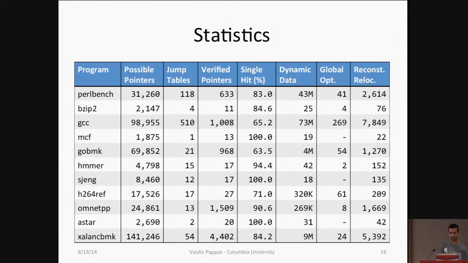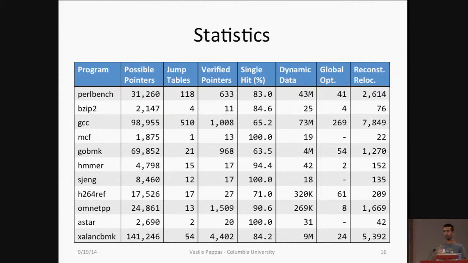We tried to see whether we were able to successfully reconstruct it. So let me start by showing some statistics before the performance results. Here, for each of the benchmarks in the SPEC 2006 suite, we see on the first column the possible pointers we were able to find. This is an initialization step.